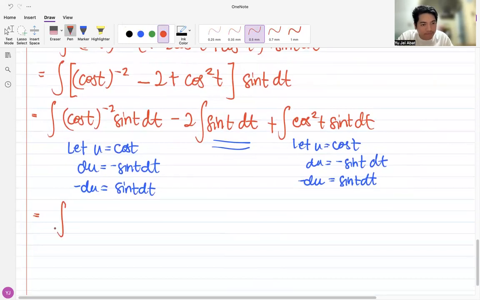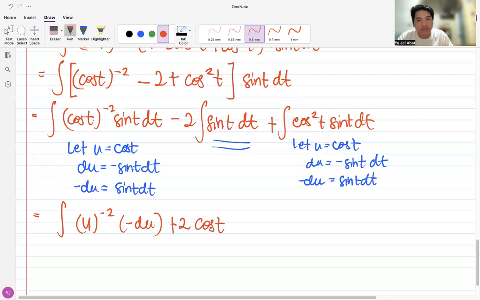So I have u raised to negative 2, then we have negative du. And the integral of sine is negative cosine. So negative cosine of t multiplied by the negative here becomes positive 2 cosine of t.